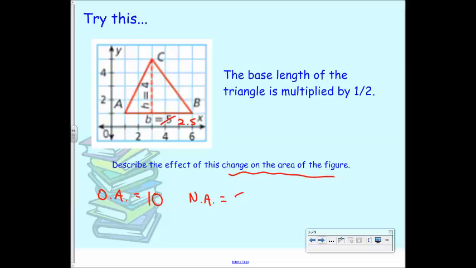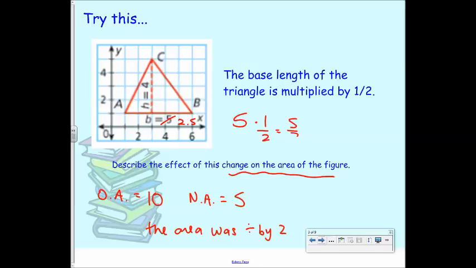So if you were describing the effect, what would it be? The area was divided by 2, or the area was cut in half. Because it said the base of the triangle is multiplied by half, and 5 times 1/2 gives you 2.5.